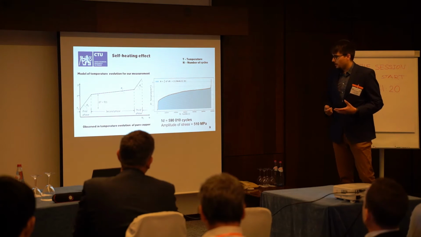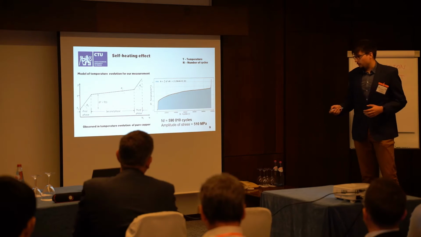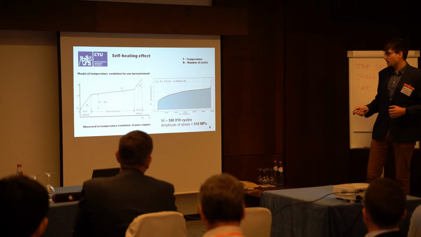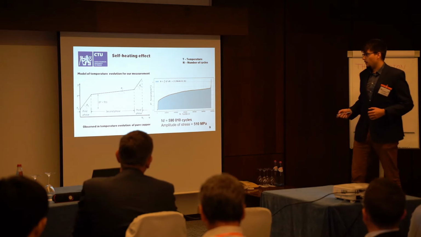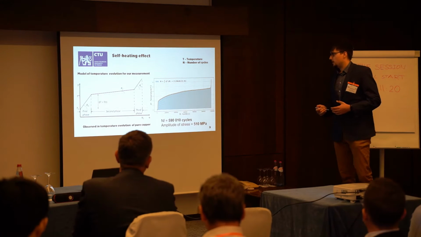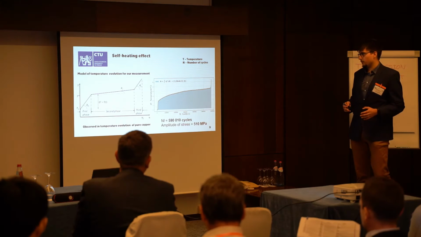In this case, as you can see on the right side, this is experimental data. This is only the idealized model. Even for samples in high cycle fatigue, around 600,000 cycles, with quite high amplitude, but over the fatigue limit, you can see that there is no stabilization during the whole lifespan of the specimen.